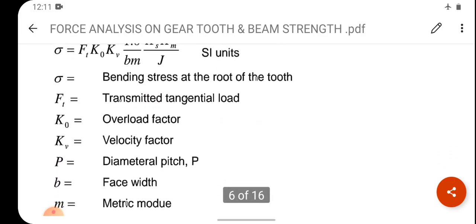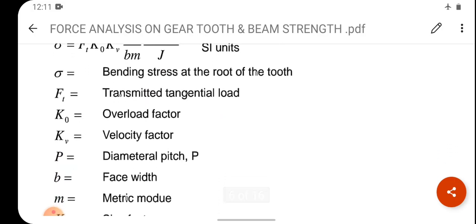So sigma here is the bending stress at the root of the tooth. Ft is the transmitted tangential load. Already explained, Ft is the tangential load. K naught or Ko is the overload factor. Clear? Kv is the velocity factor.